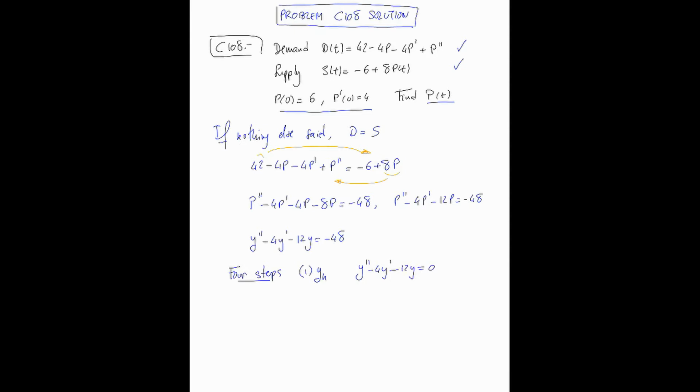That's what is called homogeneous. Then the particular solution, which is one solution of the same thing, equals minus 48. Then we know our solution will be the homogeneous plus the particular. And finally, we have to use the initial conditions to find all the constants that appear in the general solution. Okay, so that's it.